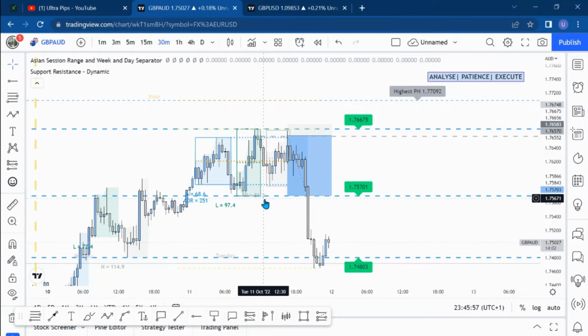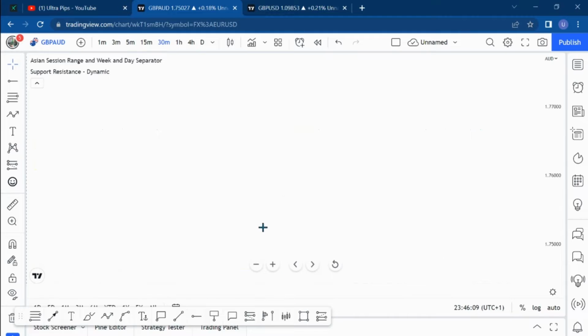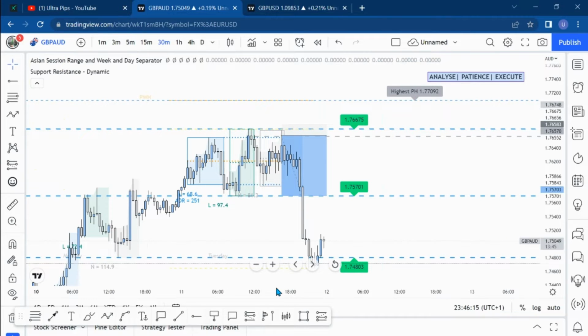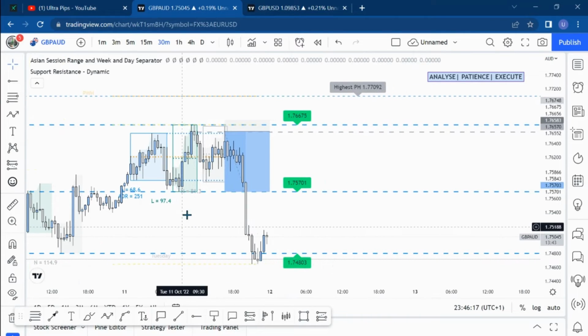Price could not do a break of structure at this level, which I was really expecting. When price was reversing, and as you can see, this whole consolidation on the 30 minute time frame, I knew that buyers were already slowing down, that the buyers were getting exhausted.